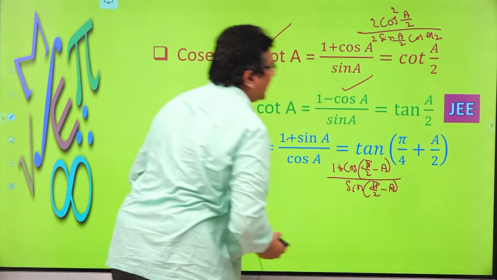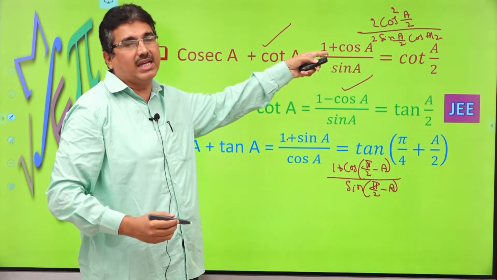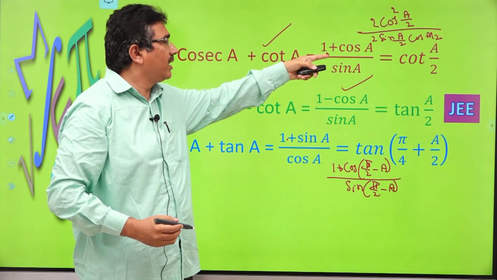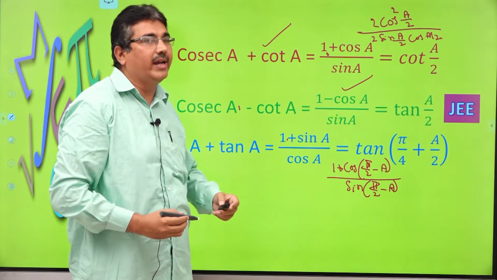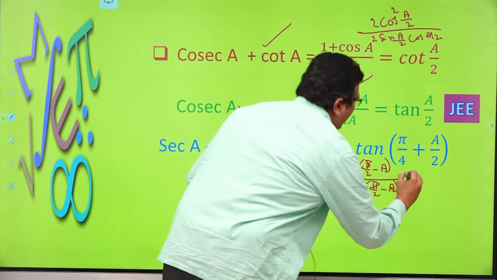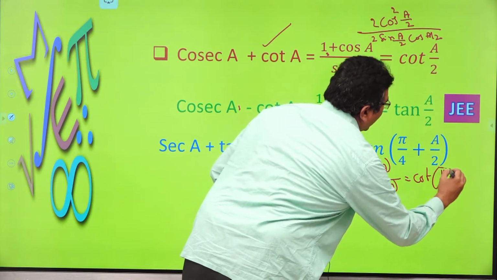Now, this is of the form (1 plus cos A) by sin A, that is equal to cot A/2. This is equal to cot of (pi/4 minus A/2).